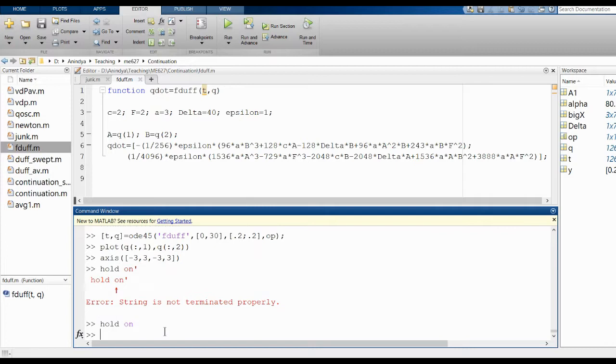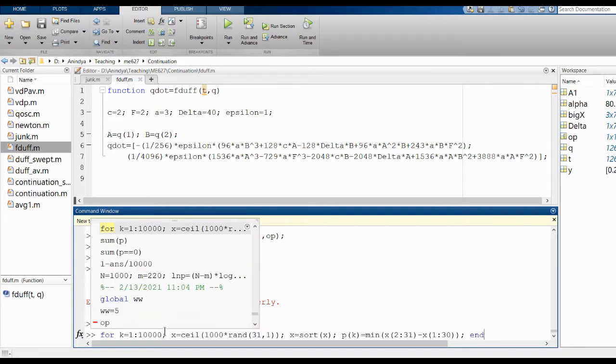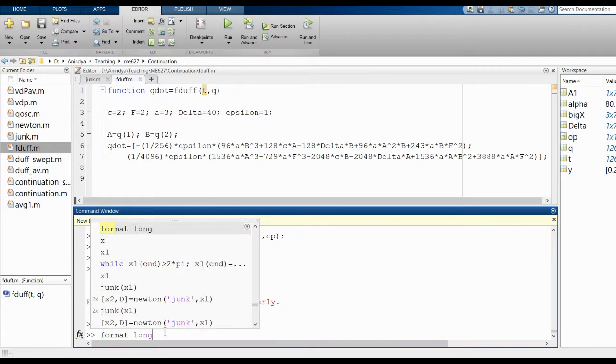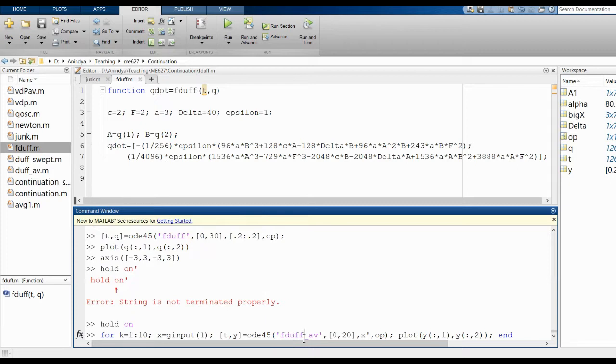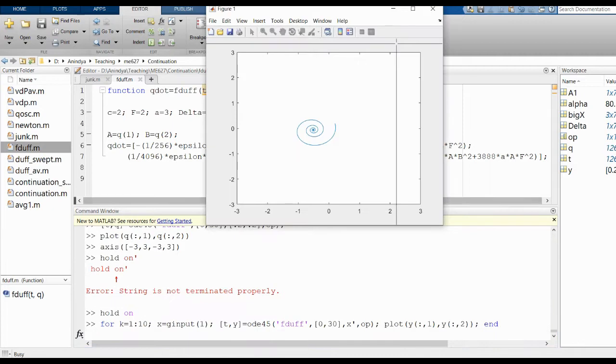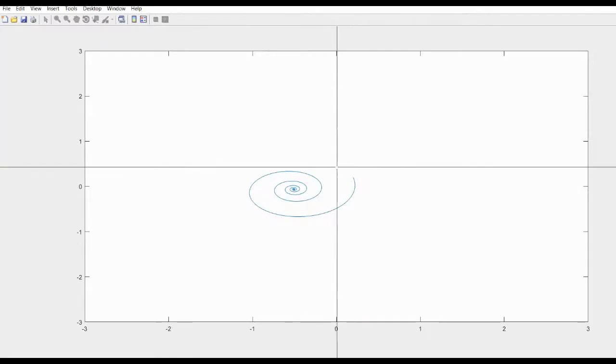then I will say for some other calculations that I was doing. Okay, here f duff maybe 30. This should work. Okay, very good. So now what I will do is I'll make this figure bigger, and then I'll try different.